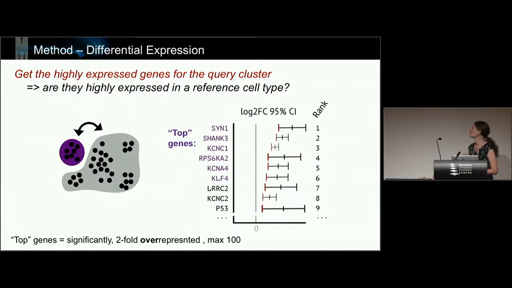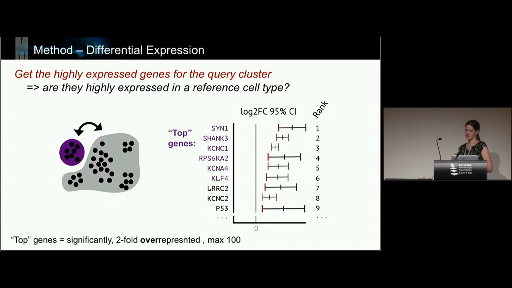Okay. So I said this is based on a differential expression analysis. What I mean by that is, for every cell cluster that I'm characterising, we'll start by pulling out what's different for this particular cluster versus everything else within that same experiment. So we're forgetting about the reference at the moment. We're just looking at our query experiment and seeing what genes are particularly high or low in this cluster.